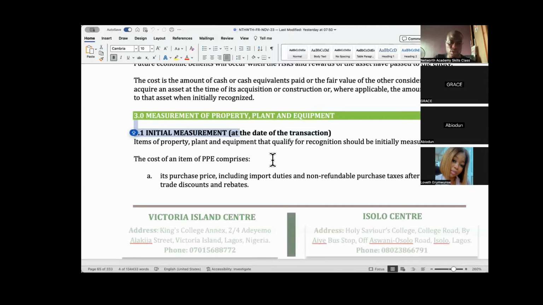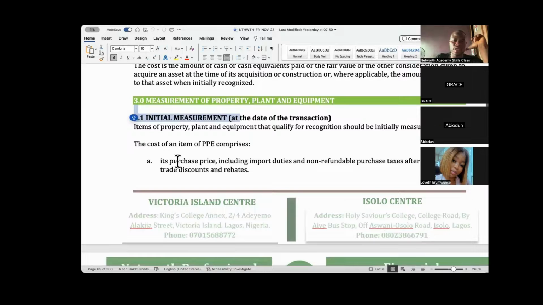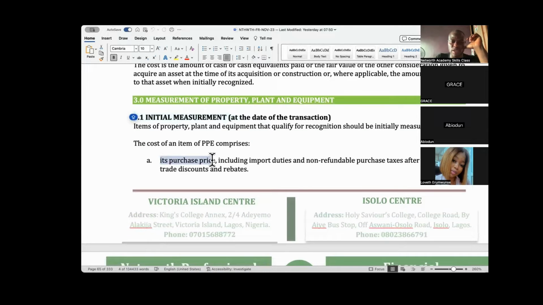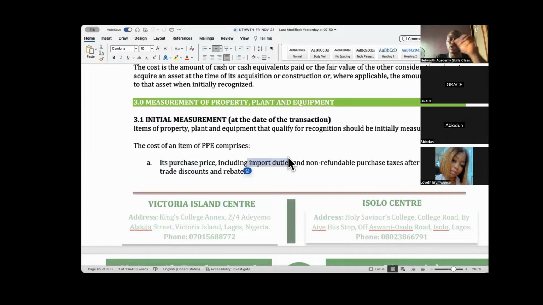Then we went on to what cost is, and we said cost comprises the following. We looked at the purchase price, including import duties and non-refundable purchase taxes after deducting trade discounts and rebates.